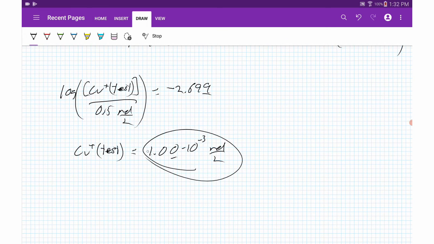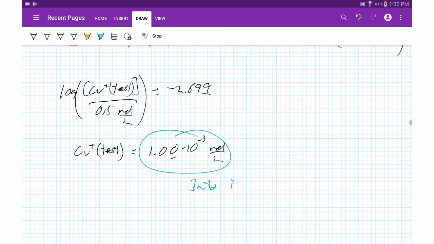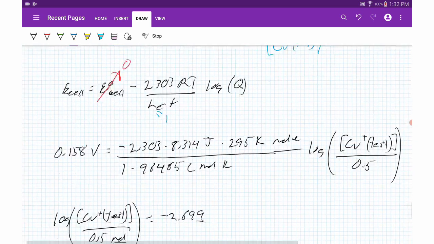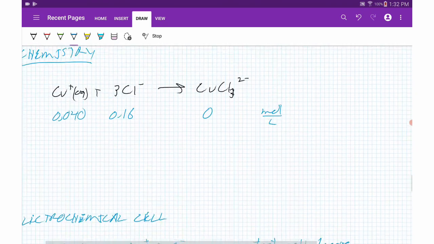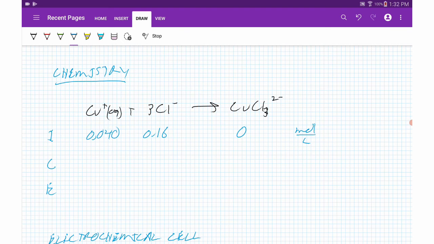It is this number here, wrong color, that goes into the ice table. Okay, into the ice table. So I'm just going to go way back up to the ice table that we created over here. And we now know at equilibrium that this is 1.00 times 10 to the minus 3 moles per liter.